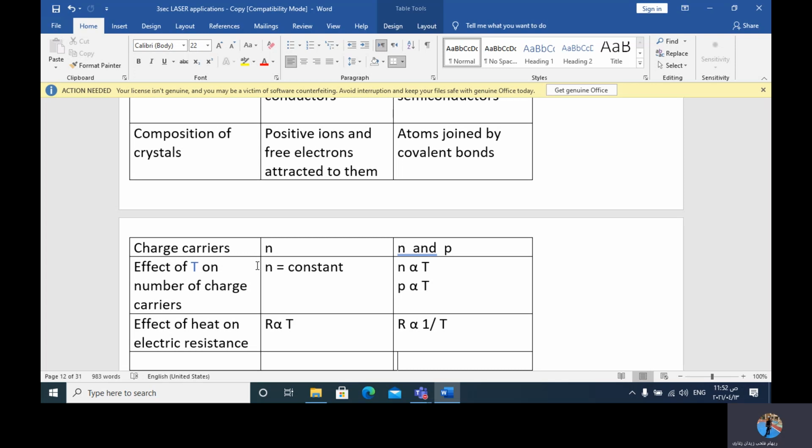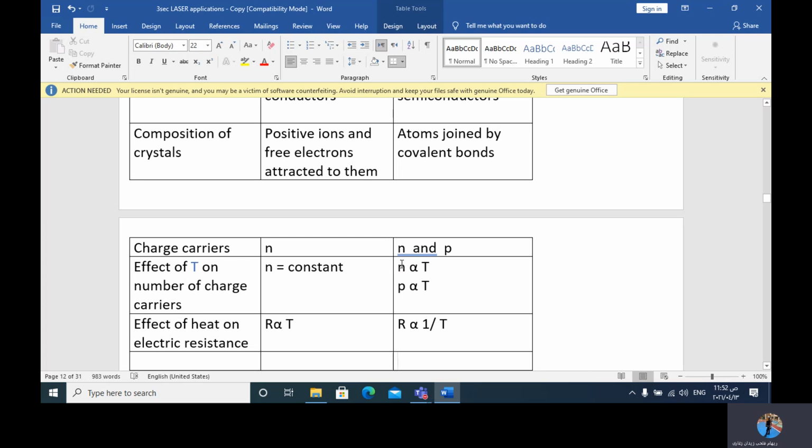Now, how about semiconductors? N is directly proportional to T. What we mean by this is that the negatively charged particles, electrons, increase with the increase in temperature. By raising the temperature, more electrons will be obtained or created.